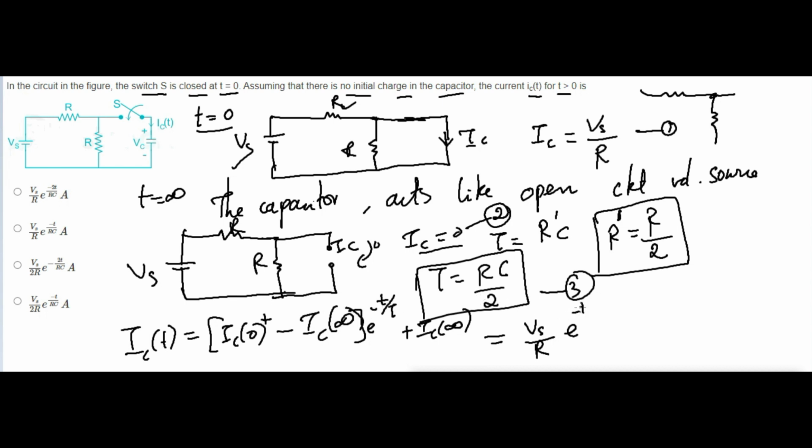So e power minus t divided by tau means 1 divided by RC by 2. So automatically 2 comes to the top, then into RC. Is it right? That's all the answer. So automatically you have Vs by R, this one you just take, e power minus 2t divided by RC amps. That's the answer to that question.